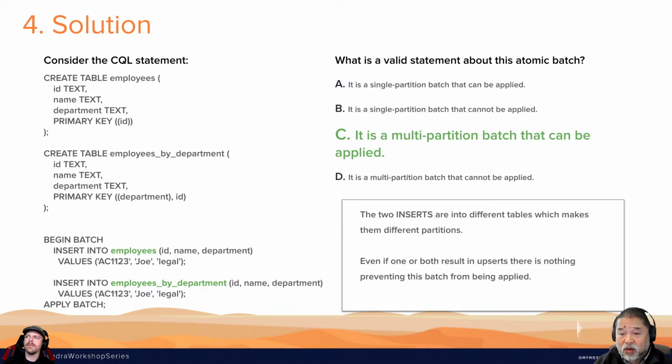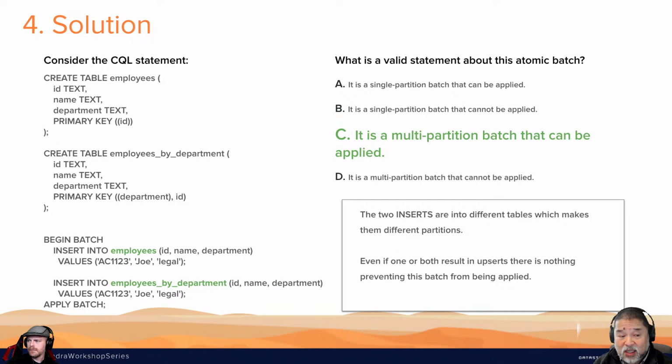The only requirement for this one would be that we insert the ID. We could have no values for name and department, so that insert works. The second insert on its own, we have to provide the primary key, that's department and ID, and that would be AC1123 and legal. So that insert works as well.